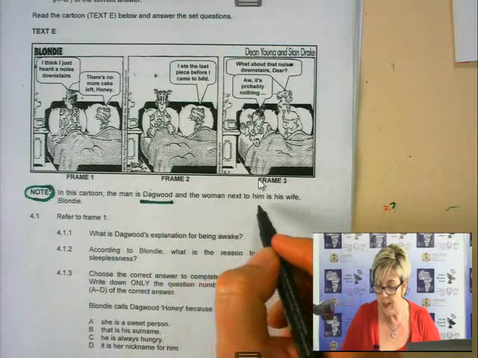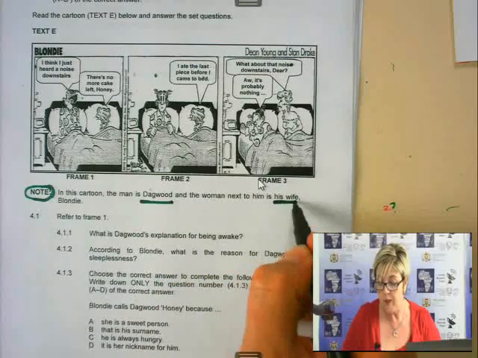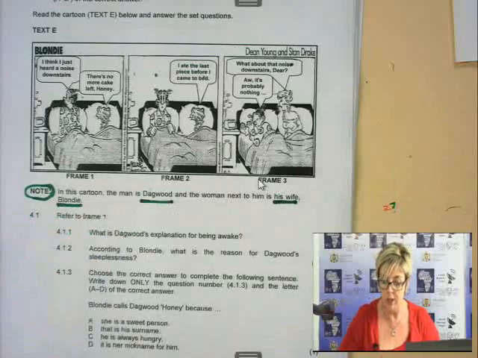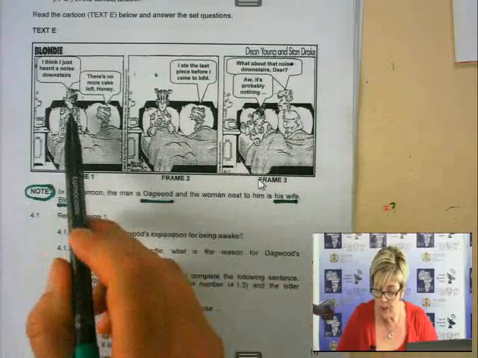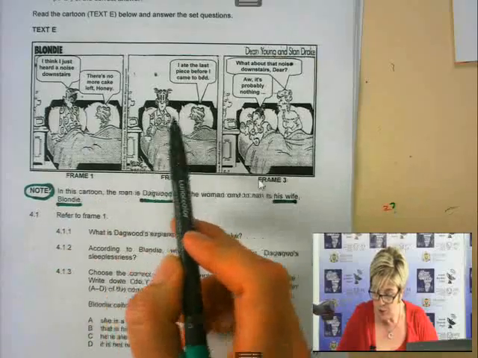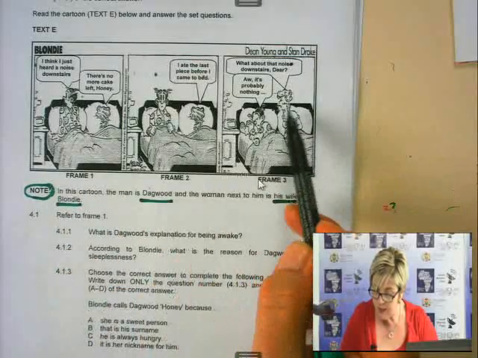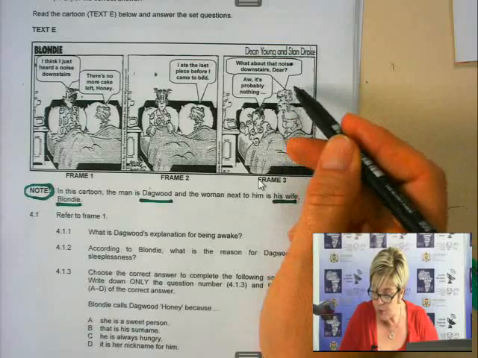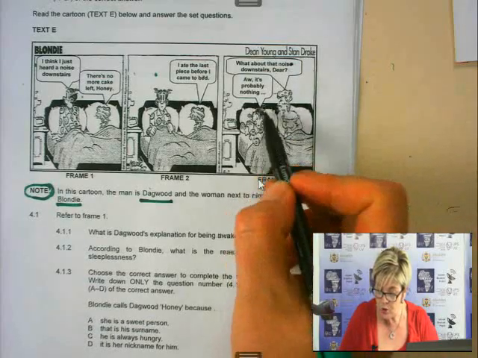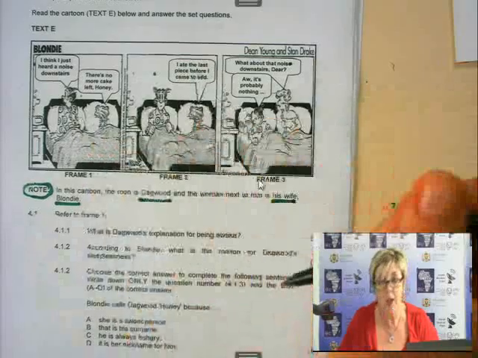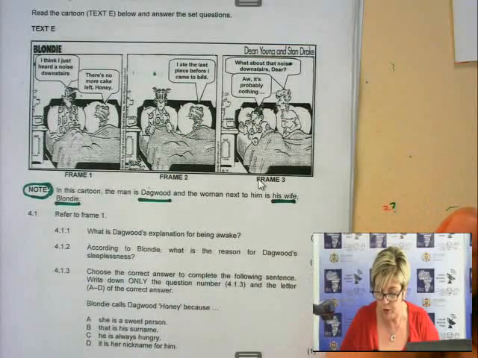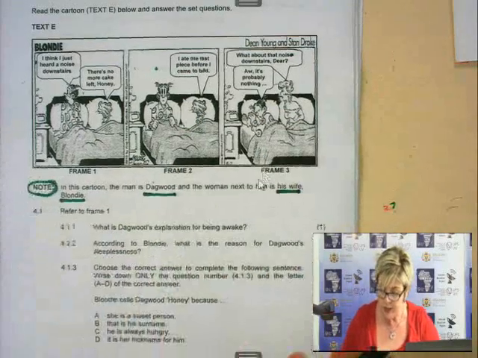And the woman next to him is his wife, and her name is Blondie. Okay, now you go and look. Where's the woman? Obviously, here you can't see it clearly, but if you compare the characters, you can see this person has longer hair, he has shorter hair. So the one on the left will be the man, Dagwood, and the one on the right will be the woman, his wife, Blondie. Okay, now let's take a look.